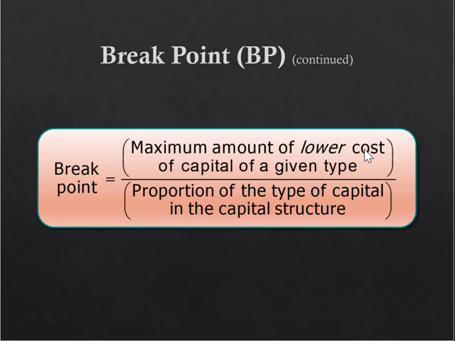It's equal to the maximum amount of lower cost capital of a given type divided by the proportion of that type of capital in the capital structure. So you end up with a breakpoint at which point the cost of utilizing that lower cost capital, normally debt, triggers a change in the required rate of return.